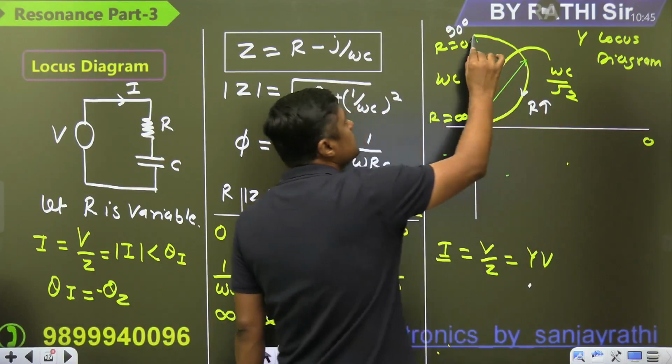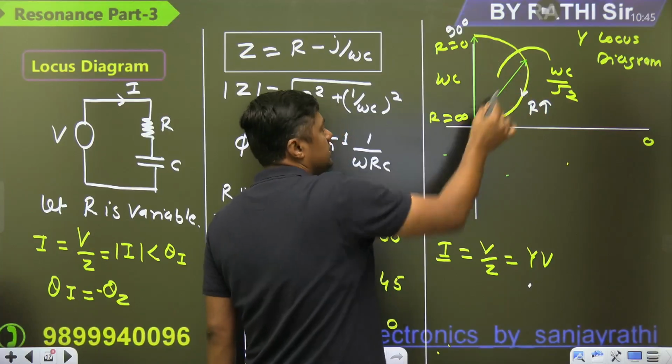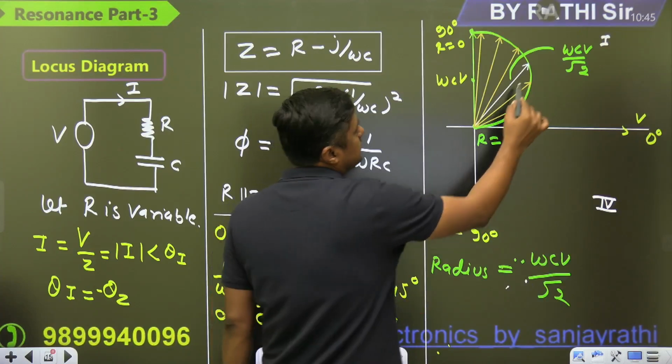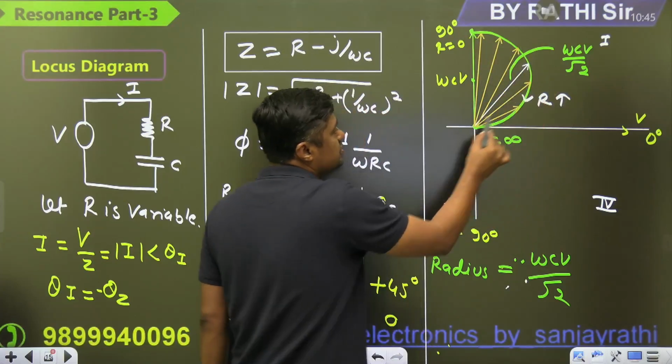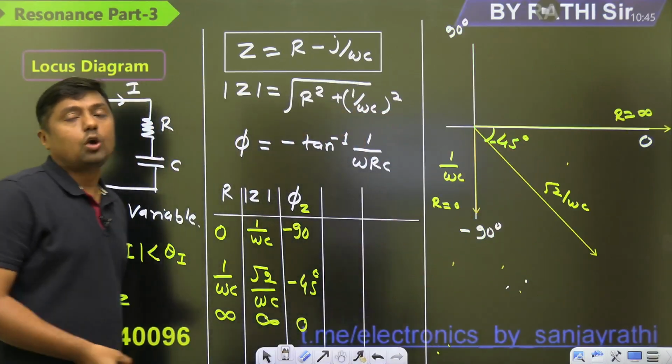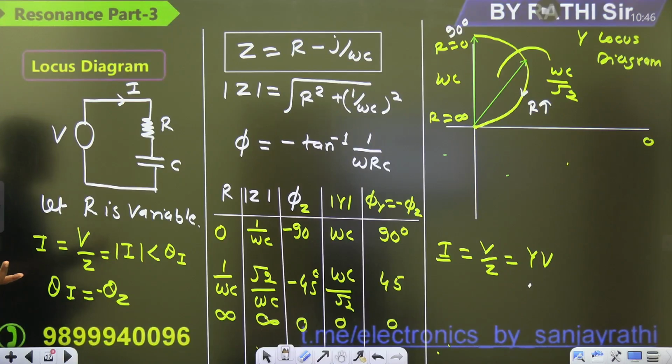When R increases from 0 to infinity, that is the path. R increases from this point to this point. So Z is not possible in this case, and that's why we are giving the phasor of I, or the phasor of Y. Now tell me, is there any doubt? Y phasor and I phasor are similar.